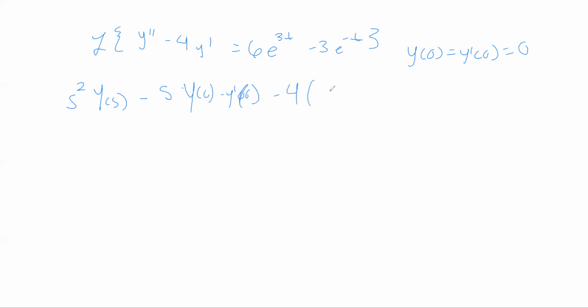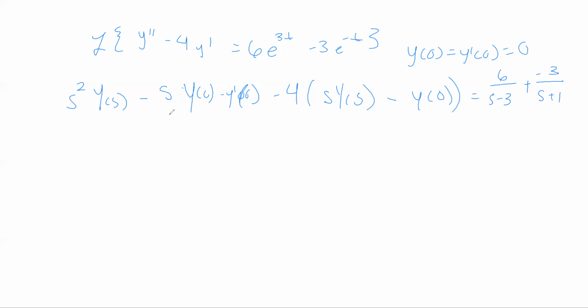And then I have 4 s y of s minus y of 0, which is equal to, and then on the right-hand side, I'm doing just the Laplace of those, which is going to end up being 6 over s minus 3 minus 3 over s plus 1, with a plus sign in between because I moved the negative up in the numerator. Personal preference, don't worry about it.